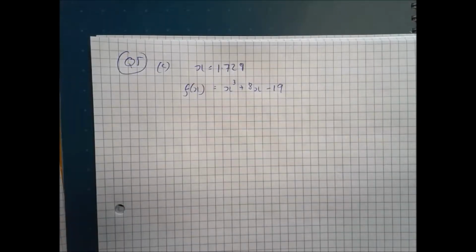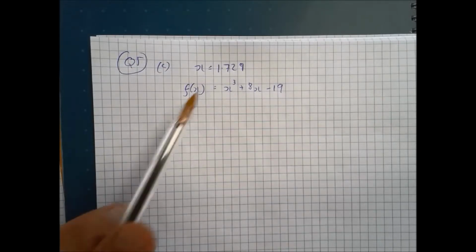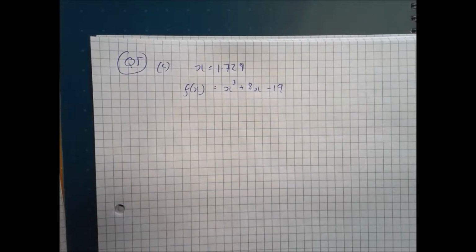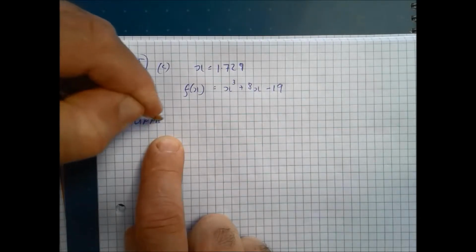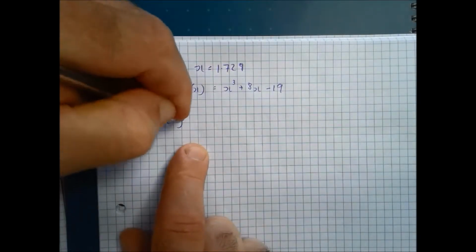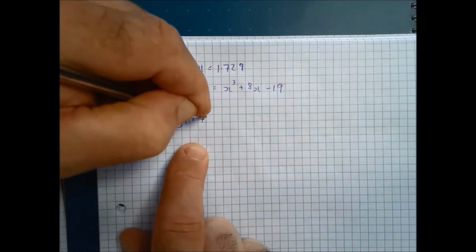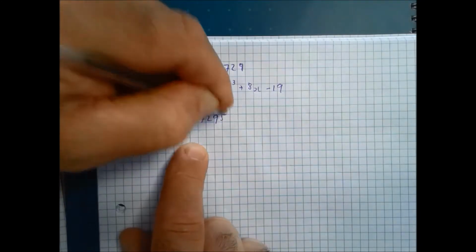Okay, part C is working on from part B. It's asking us to show that the answer we got from part B, which is x is 1.729, is accurate to 3 decimal places. So what I'm going to do with that is do another upper and lower bound consideration. Upper bound to 3 dp, let's do f of 1.7295.